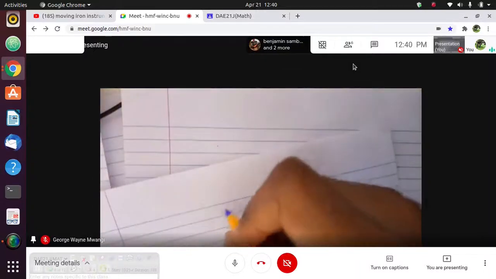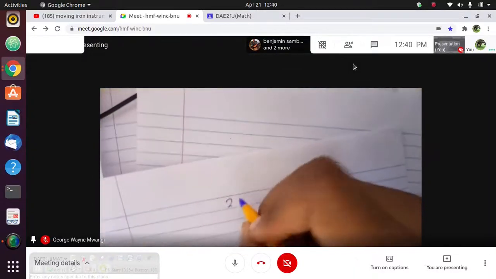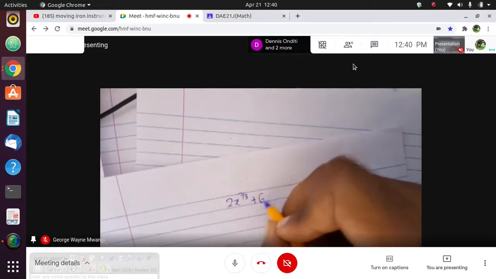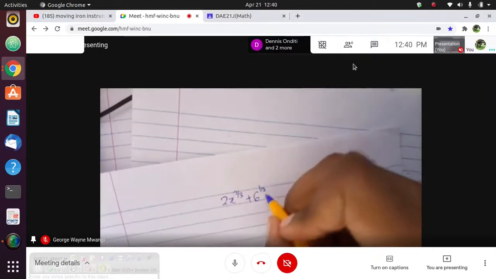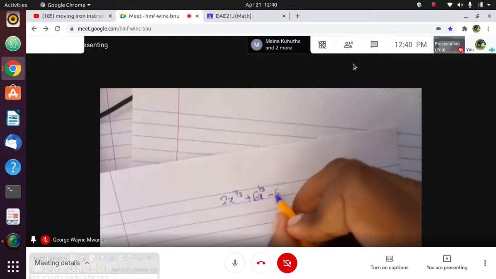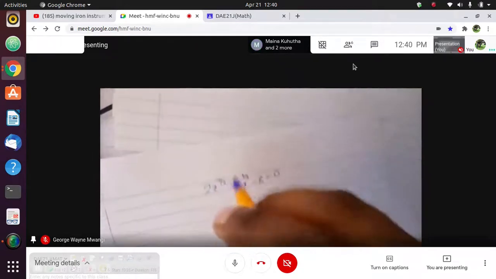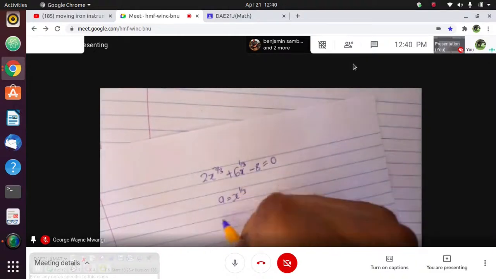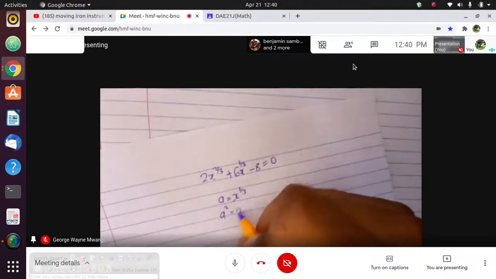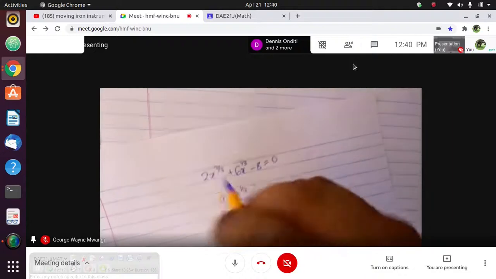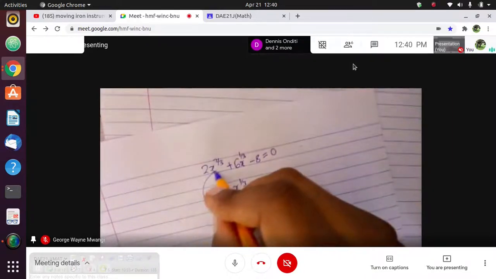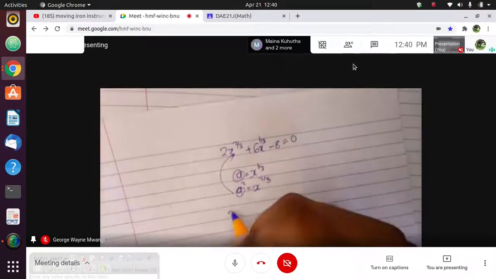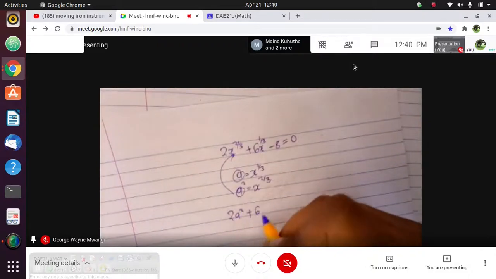So 2x raised to power 2 over 3 plus 6x raised to power a third minus 8 is equal to 0. Now a we have said is x raised to power a third, and a squared is x raised to power 2 over 3. We replace this in the equation above. So 2a squared plus 6a minus 8 is equal to 0.